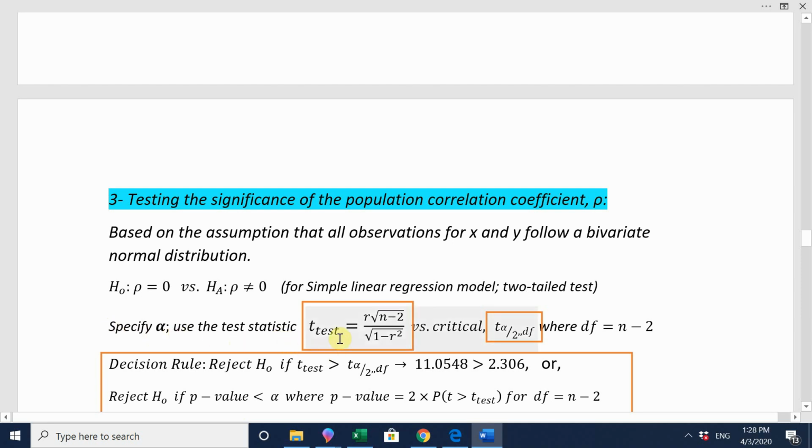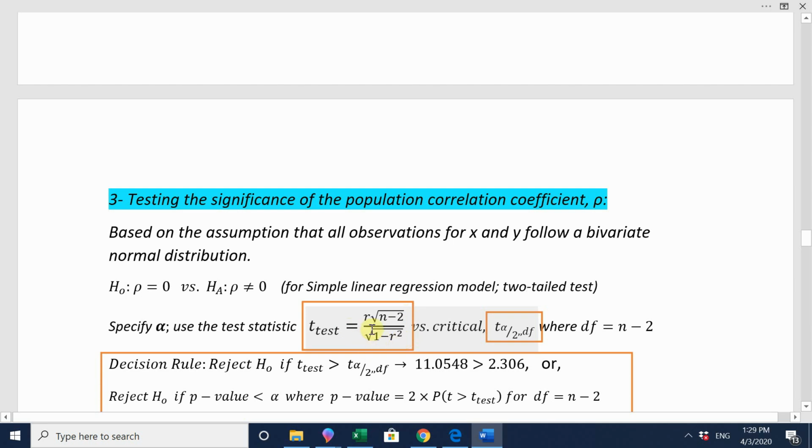and then we determine what our test statistic is. Here the test statistic relies on the sample correlation coefficient, r, which we get from our sample observations. So the test statistic is r times the square root of your sample size minus 2, all divided by the square root of 1 minus your sample correlation coefficient squared.